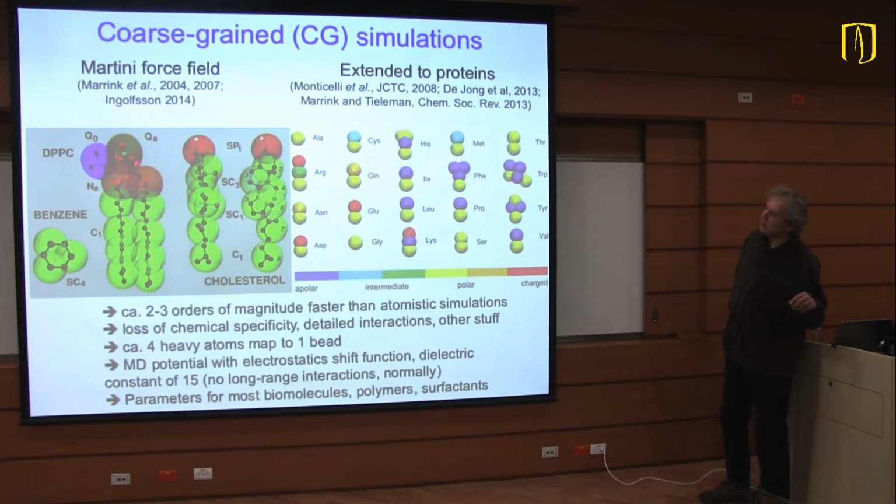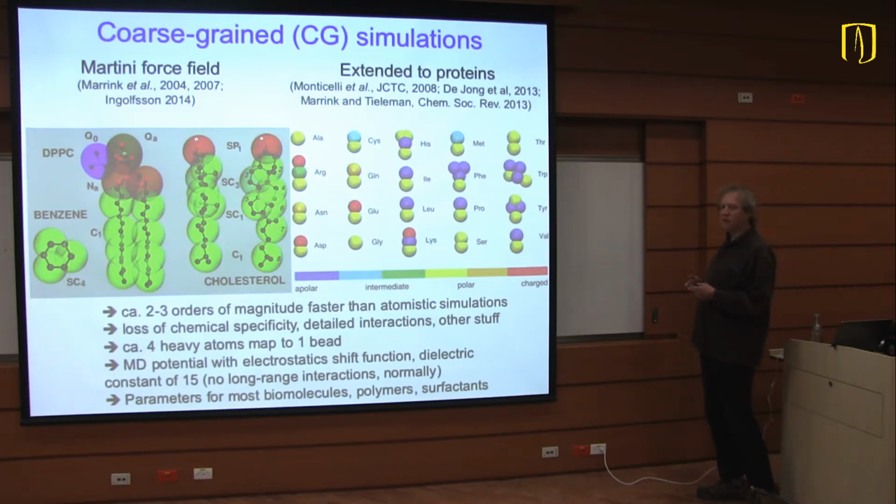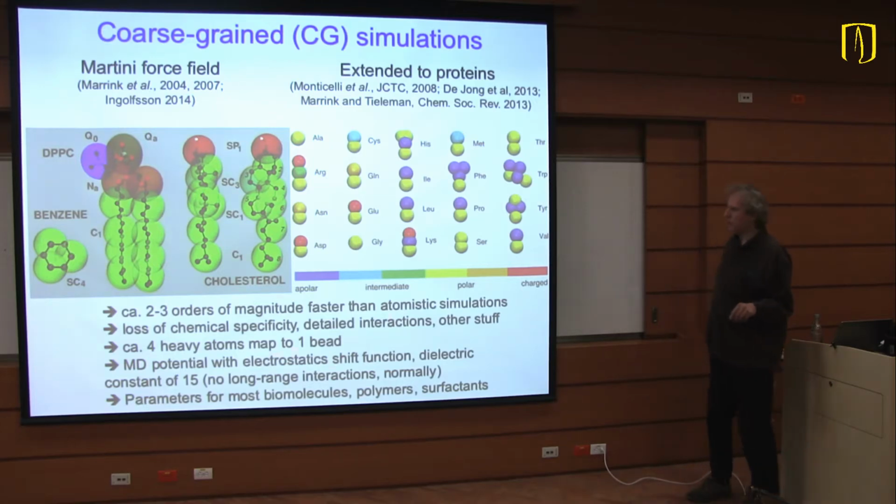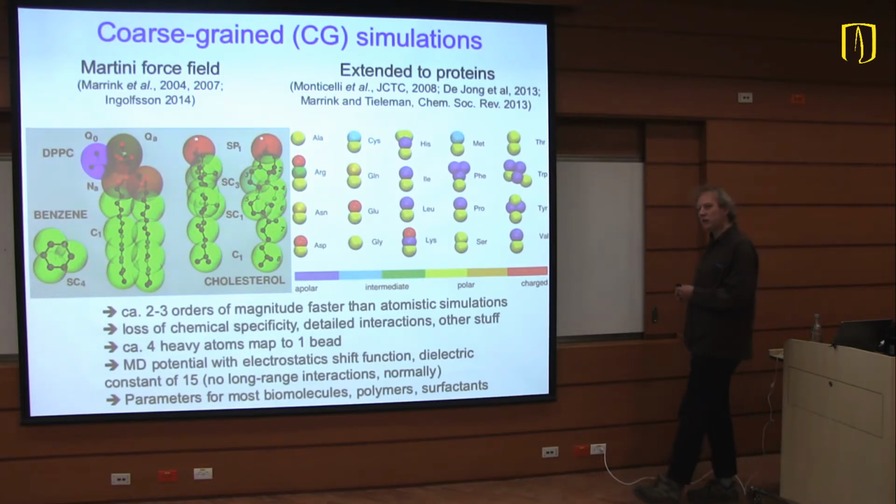So in Martini, you combine 4 atoms on average in a single interaction site. So you lose detail, but now you also make the number of particles much less, and the scope of simulations can become much larger, up to a factor of 1,000 in many cases. So you can look at a similar system, but now for 1,000 times longer. So you go from microseconds to milliseconds, or you go from 20,000 atoms to 20 million atoms with the same kind of computational cost.